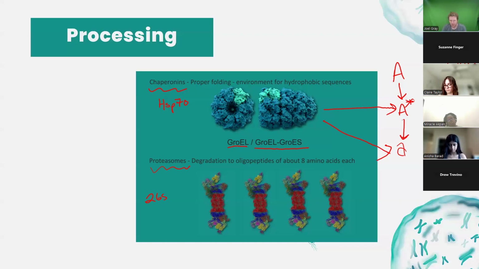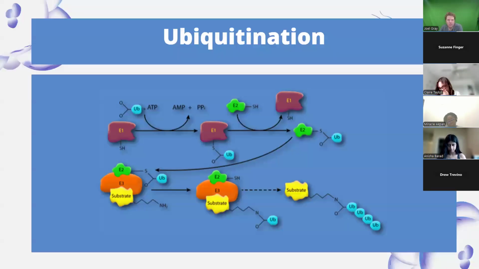Now, this next slide, I don't want you to get overwhelmed by this one because this is just the mechanism by which a protein gets tagged and then destroyed. This is known as ubiquitination. If you've ever heard the word ubiquitous, that means it's everywhere. Well, ubiquitin is a protein. It's a very small protein. And it gets added to proteins that need to be degraded, need to be destroyed.